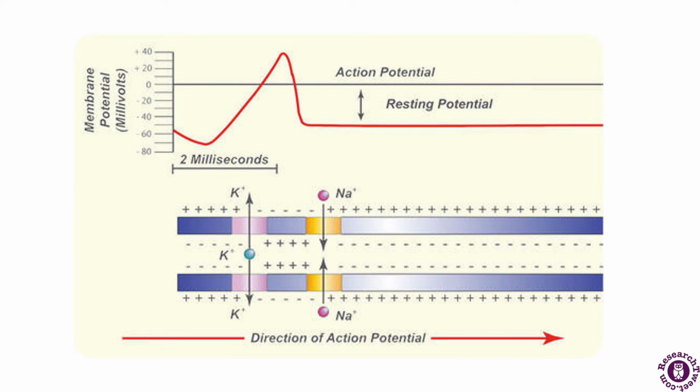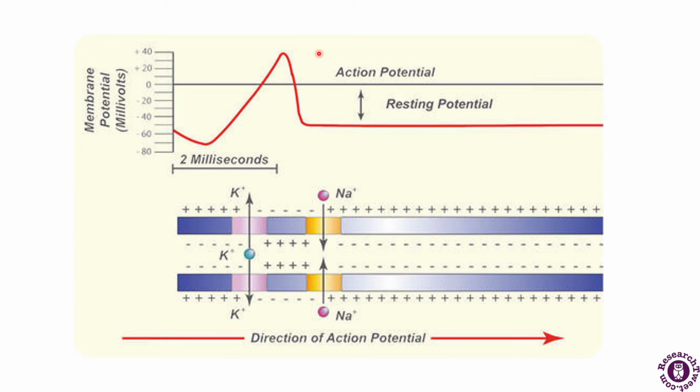Otherwise, an action potential will not start. This threshold potential varies, but is generally about 15 millivolts more positive than the cell's resting membrane potential. If a membrane depolarization does not reach the threshold level, an action potential will not happen.